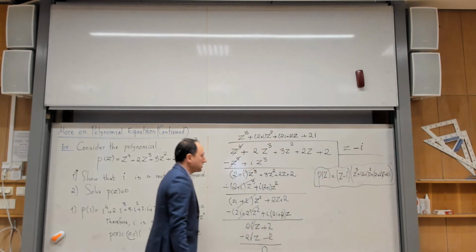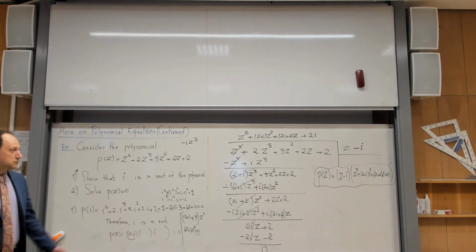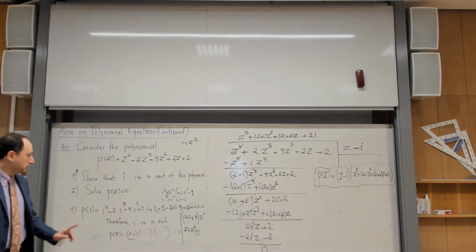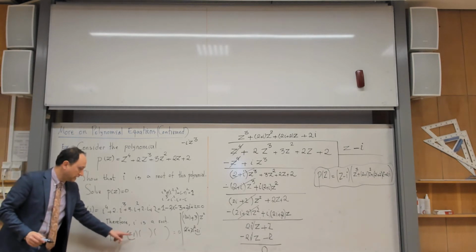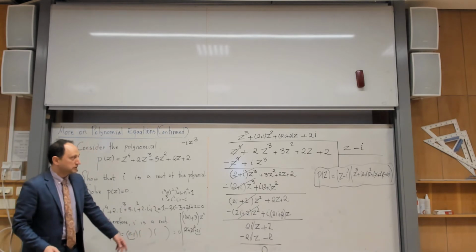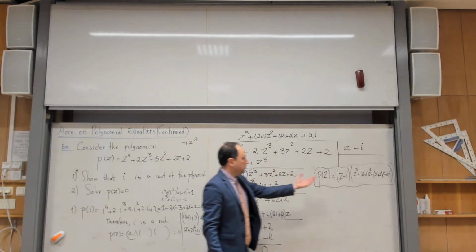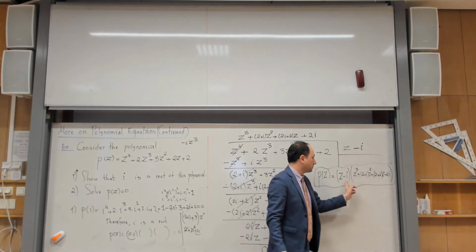But this factorization, I would say, is not that helpful. Why is this factorized? First of all, I want you to see that your prediction was correct. z minus i appears. But in my case, only one pair of brackets appeared. But anyway, z minus i is there, and there is another expression here. They multiply to each other.